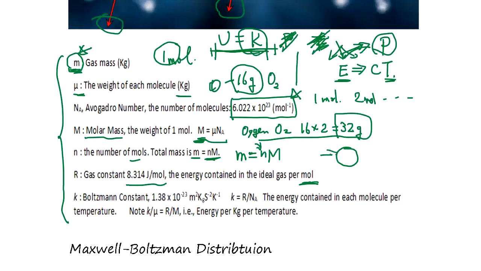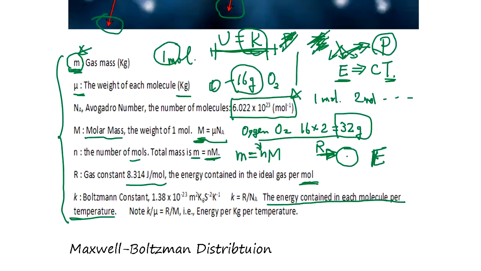The gas constant is the energy per mole, how much energy is contained inside 1 mole of gas, and depending on the molecule, the total energy is going to change. Total energy is E. Boltzmann's constant is the energy contained in each molecule per temperature.